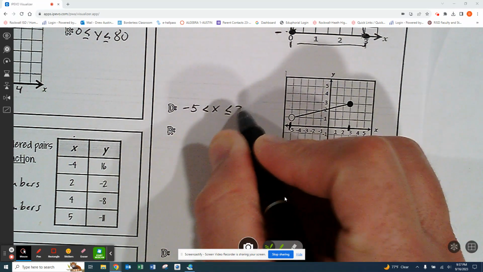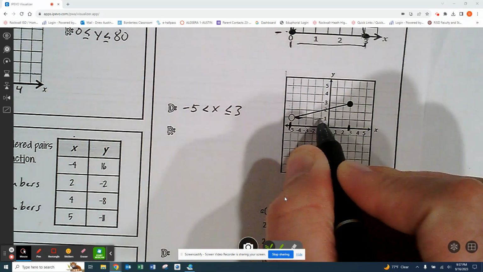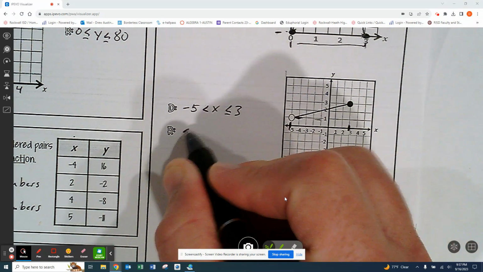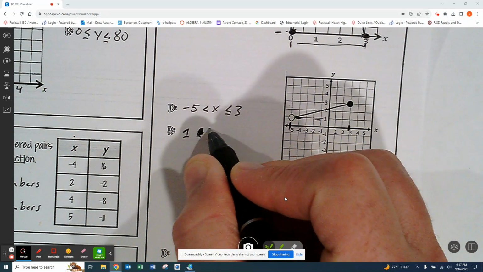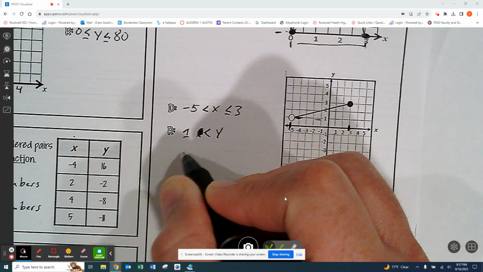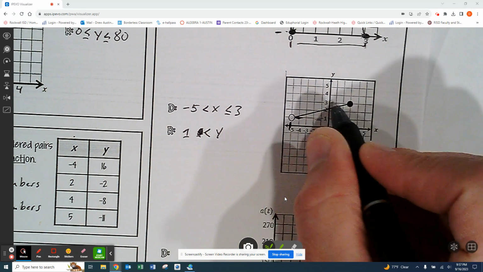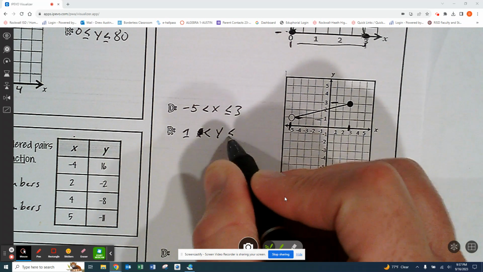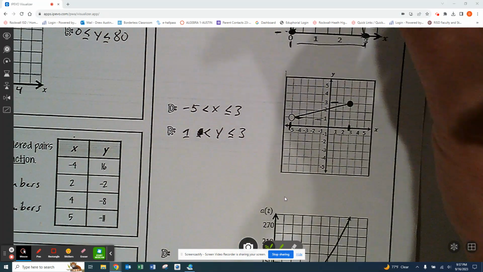So less than equal to 3. My range starts here, so it starts at 1, is strictly less than y, and stretches all the way up to here, which is 3, and less than equal to 3. And that's it for that one.